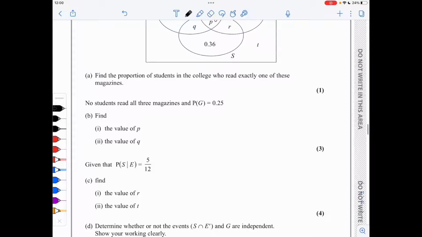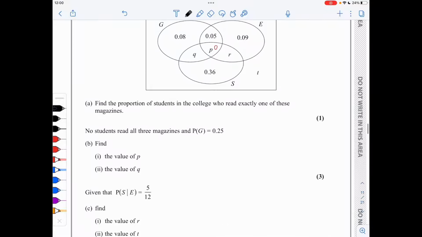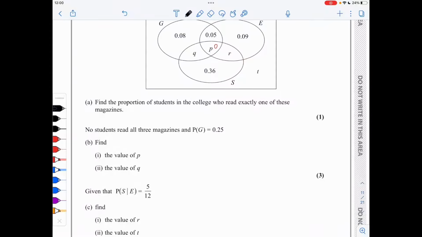Now in C, it says, given that the probability of S given E is 5/12, we need to find the value of R and then the value of T. So this is conditional probability. It is certain that we are in E, so we are surely somewhere here, either here or 0.09 or R or P, and we are wondering what is the probability that we are in S, so we could be here or here.